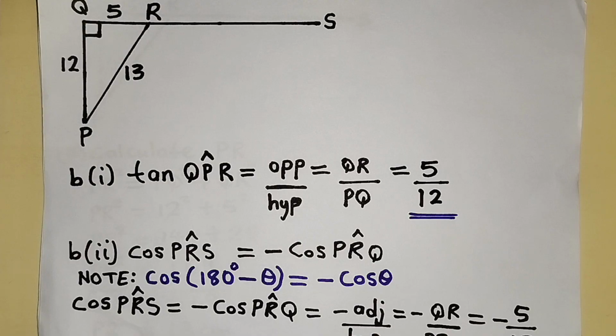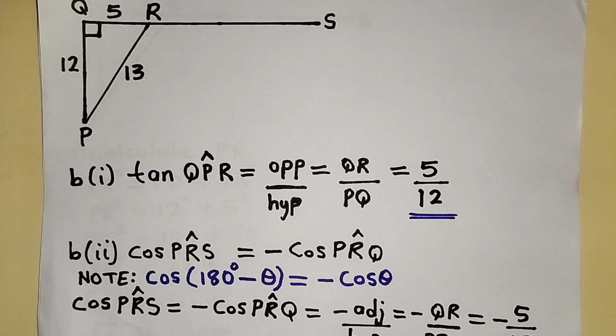Okay, so this relationship here, written in blue, tells us that the cosine of an obtuse angle, that's an angle which is above 90 degrees but less than 180 degrees, equals minus the cosine of the acute angle.